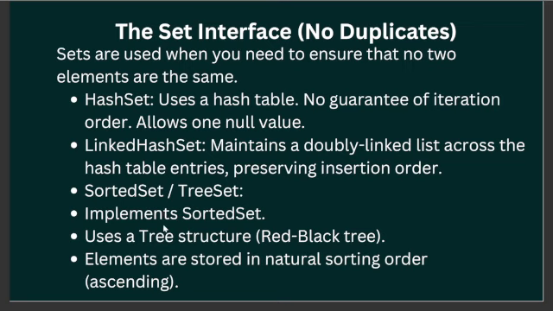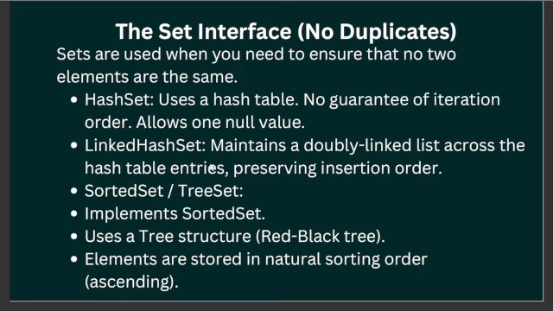So these are the types. Let's understand each one of them. HashSet uses a hash table, has no guarantee of iteration order, and allows one null value. So HashSet basically uses hashing, no order guarantee, and allows one null value.